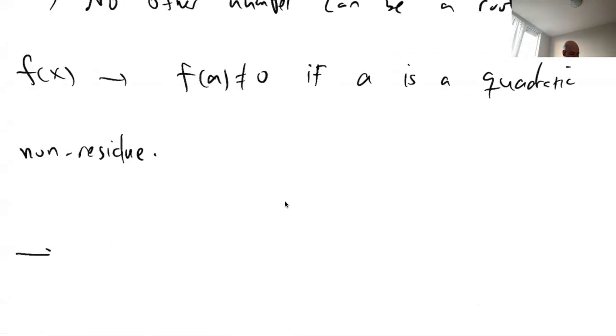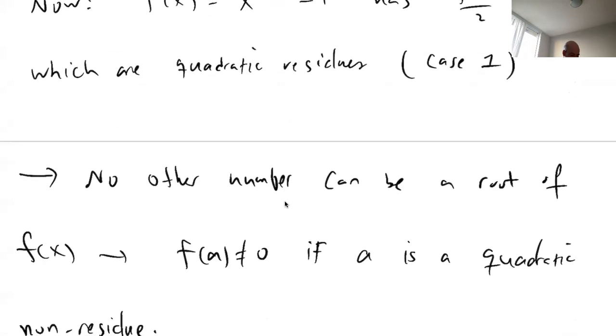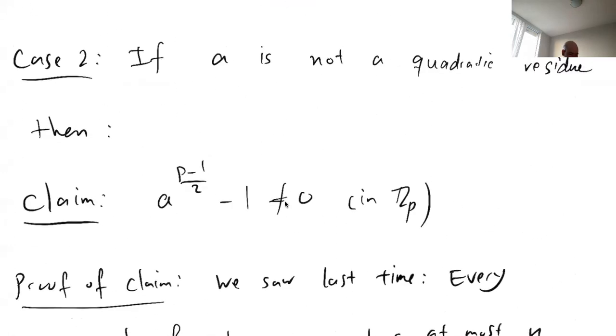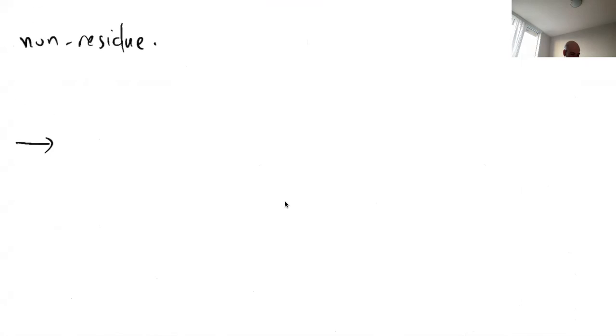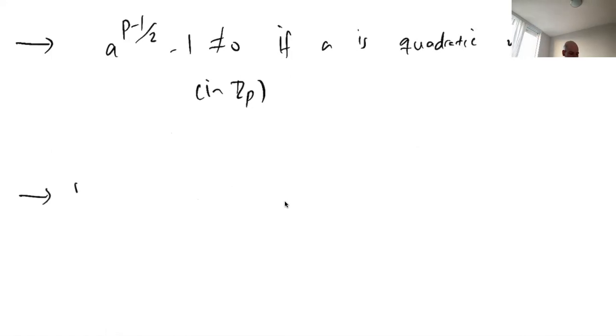So what does that mean? We showed that, in case 2, where a is not a quadratic residue, a to the power (p minus 1) over 2, minus 1, is not equal to 0. And if a number is not equal to 0 in ZP, that means that number is not divisible by p.